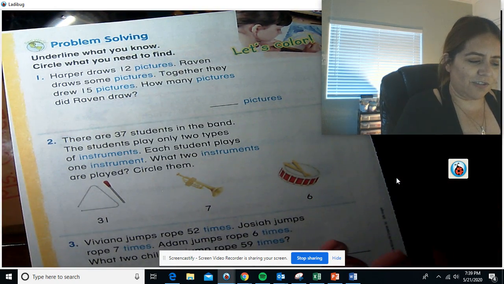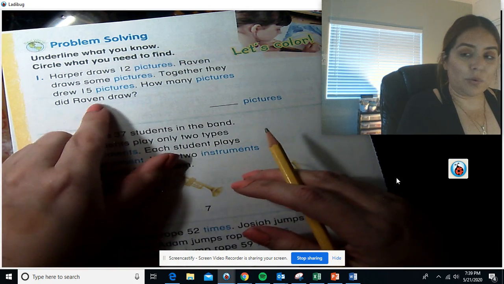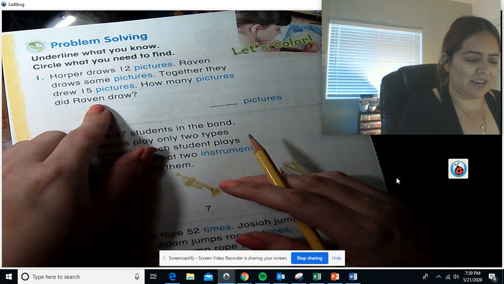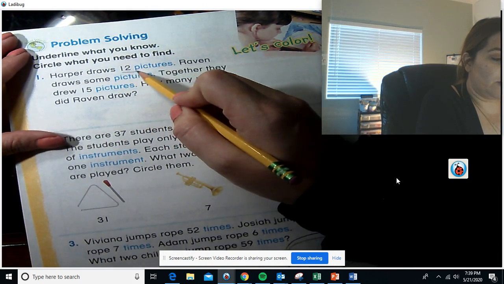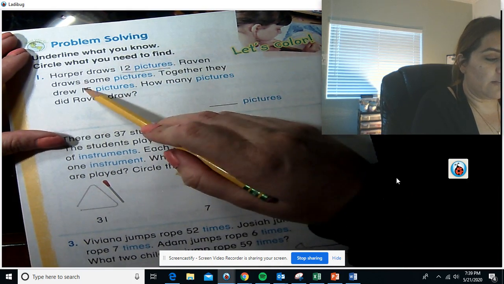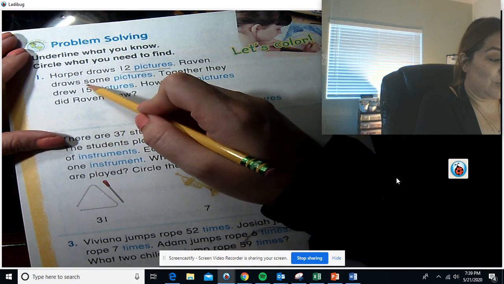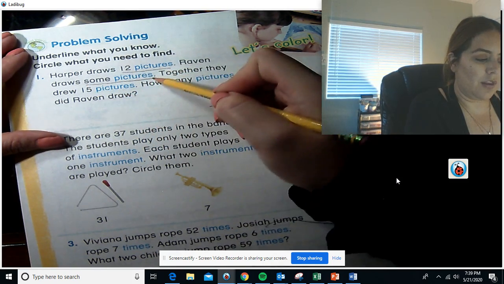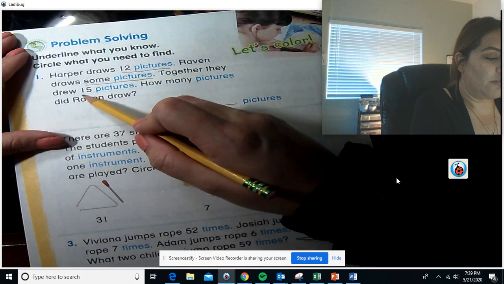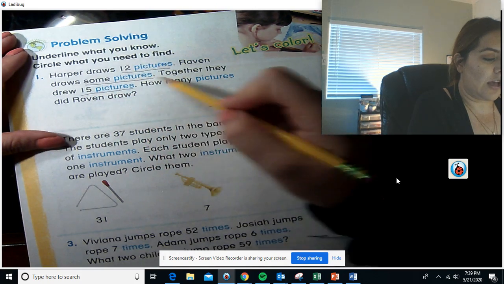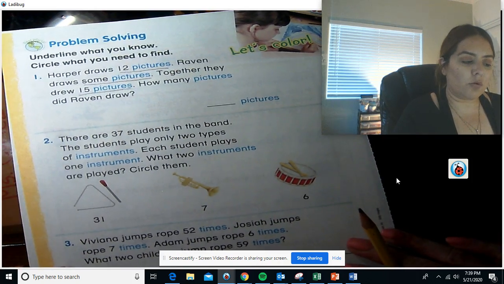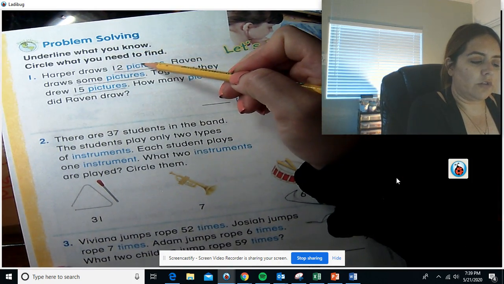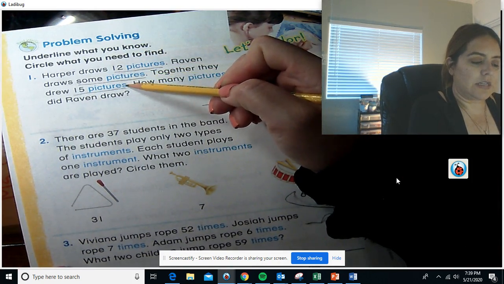They're asking us to figure out how many pictures Raven drew, because we don't know that yet. So we need to figure out 12 plus what makes 15.